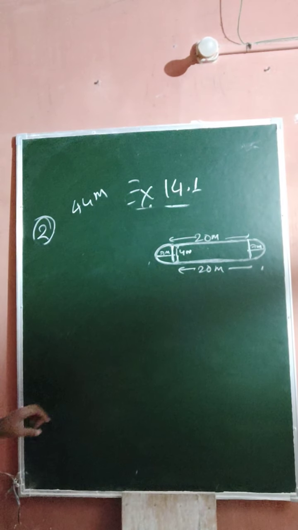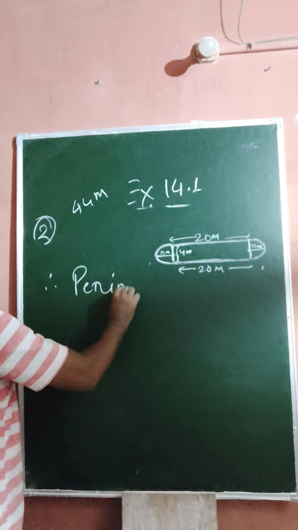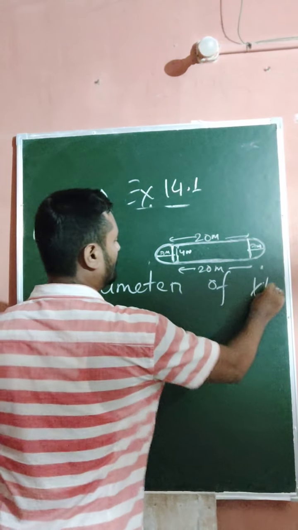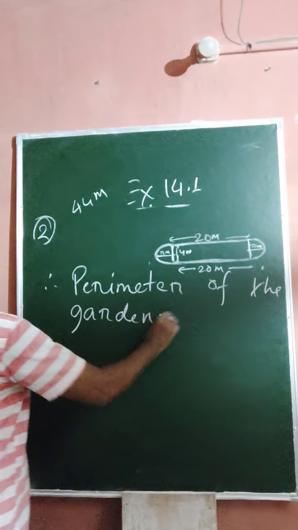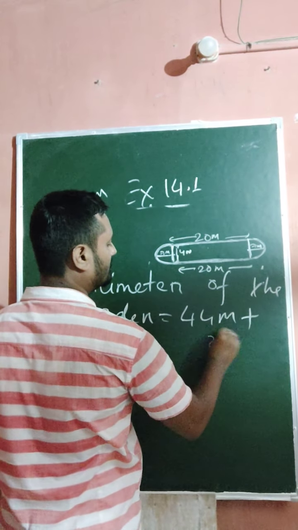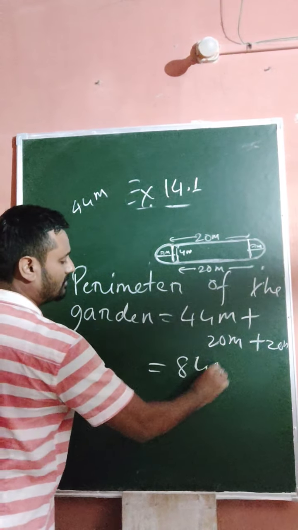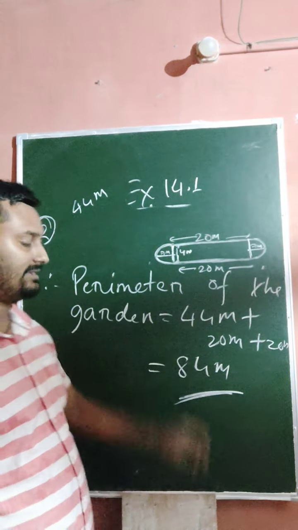Therefore, the perimeter of the garden is equal to 44 meter plus this 20 meter, again this 20 meter, that means 84 meter. So the perimeter of the garden is 84 meter.